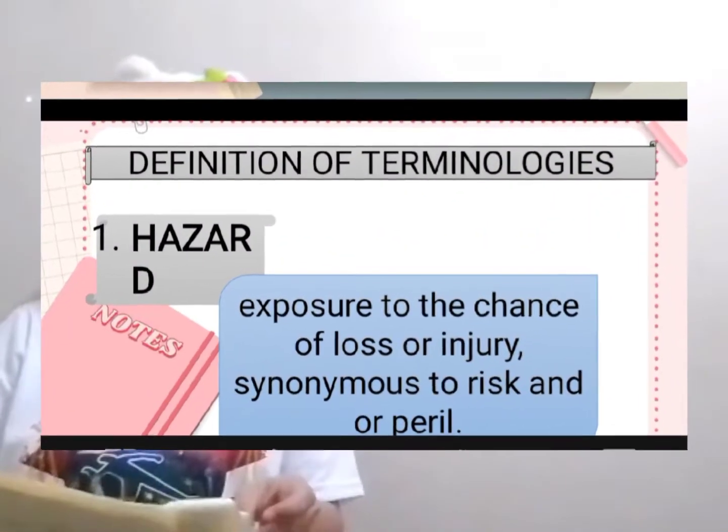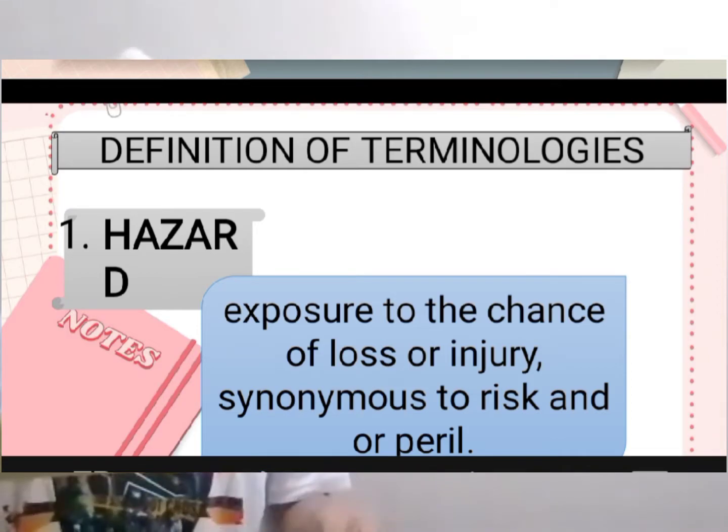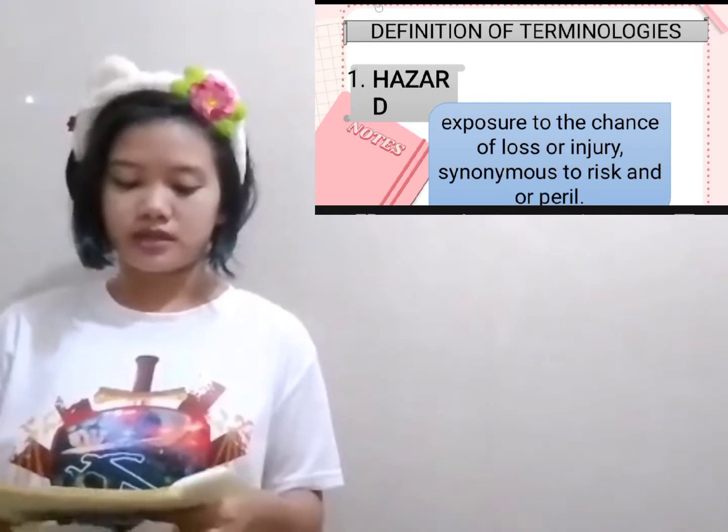Definition of terminologies. Number 1. Hazard. Exposure to the chance of loss or injury, synonymous to risk and or peril. So, hazard can appear in many occupational circumstances.